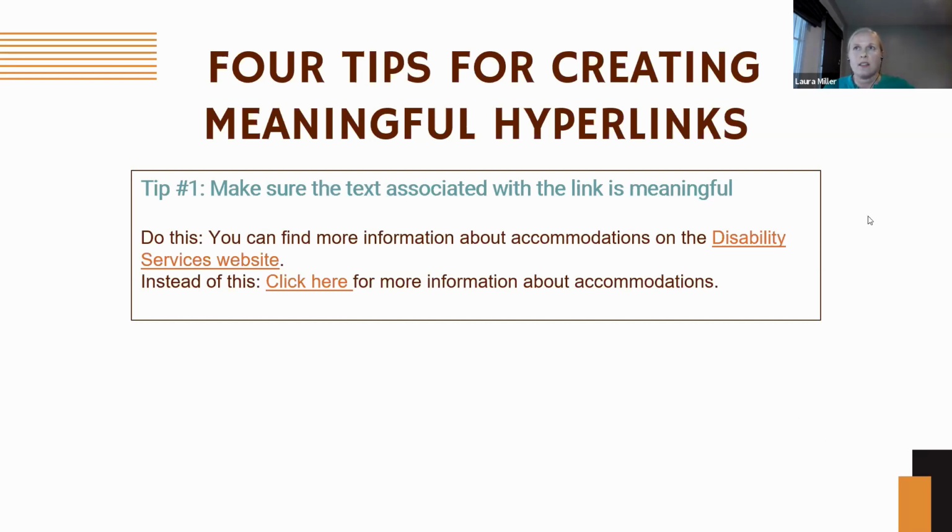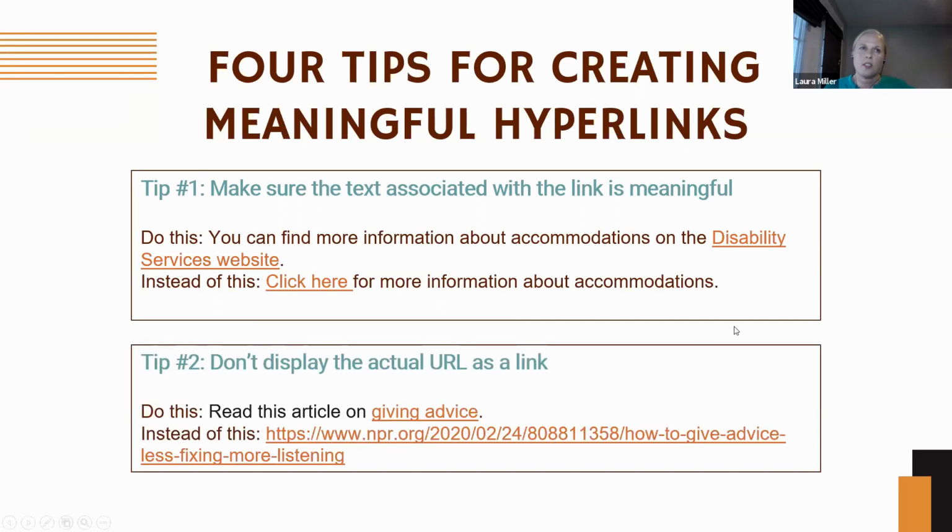And the next one is don't display the actual URL as a link. And I will admit I've done this, but it's really hard for people who are using a screen reader because when the URL is read to them by this device, it reads everything. So I was sharing an article with my students on advice giving and relationships.